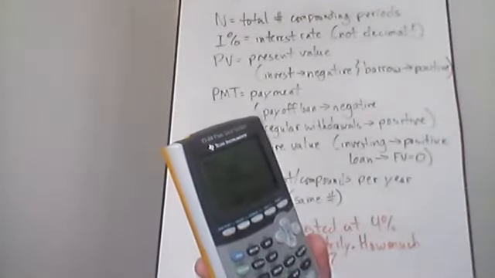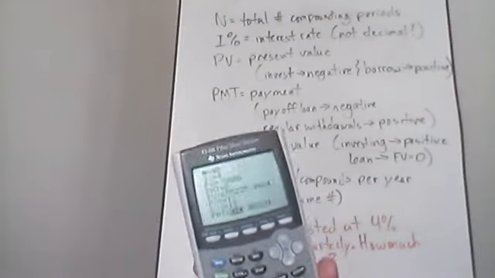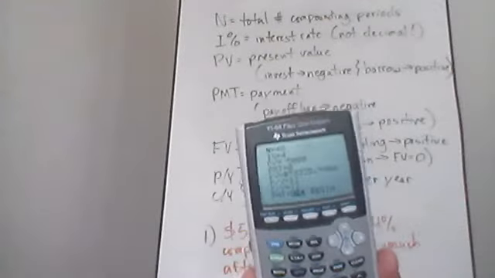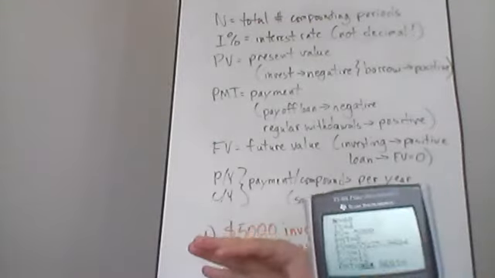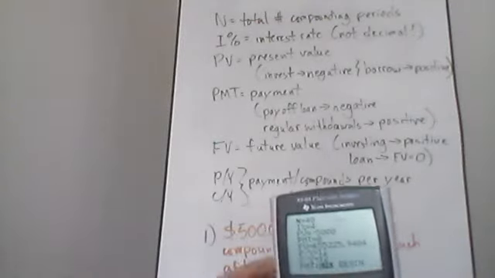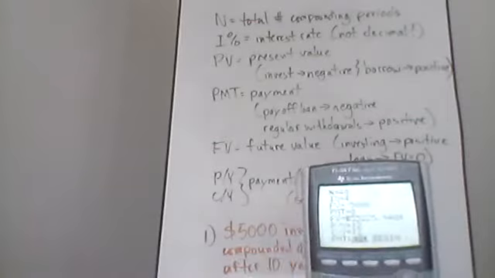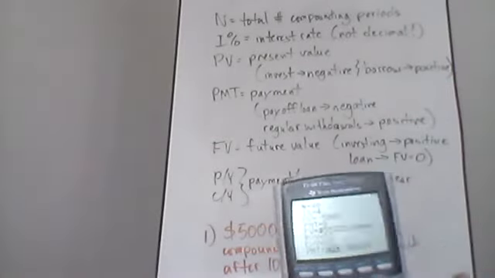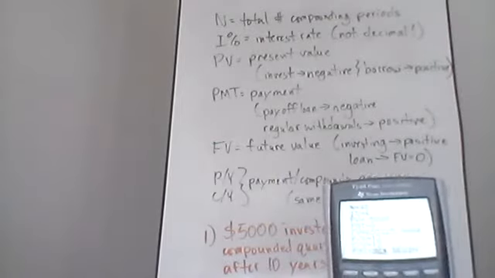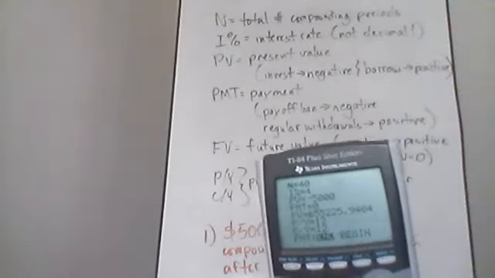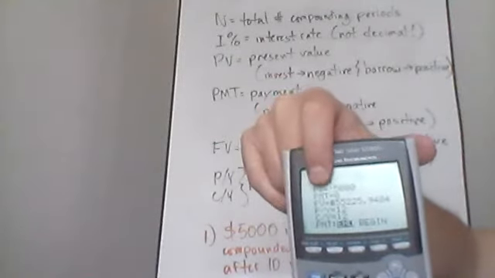My payment in this case is 0. I'm not making any payments this time. I'm just upfront investing $5,000, and then I'm letting it sit there. I'm not putting more money into it each month or each quarter or each year. That's what that payment would be like. If I invest $5,000 and then every year I put more money into it, I would have to put that money into the payment.